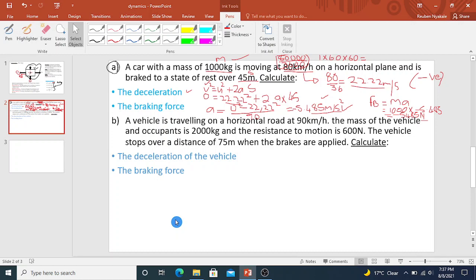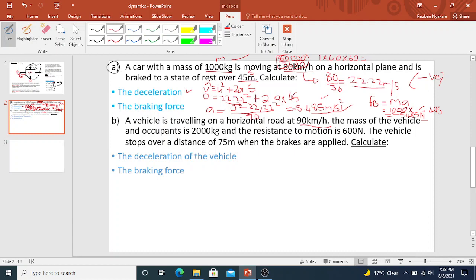Let us look at the second question, and you can tell the first question and the second question are the same thing. They just changed the values. This time around we are given the resistance to motion, meaning it is your frictional force. Now let's take out the given information. A vehicle is traveling on a horizontal road at 90 kilometers per hour.